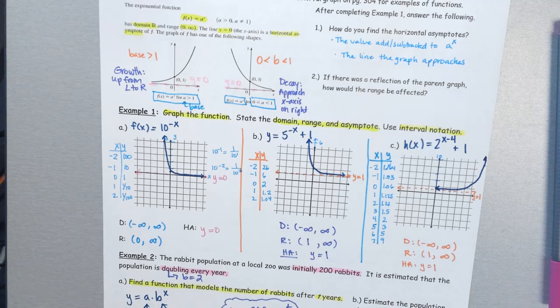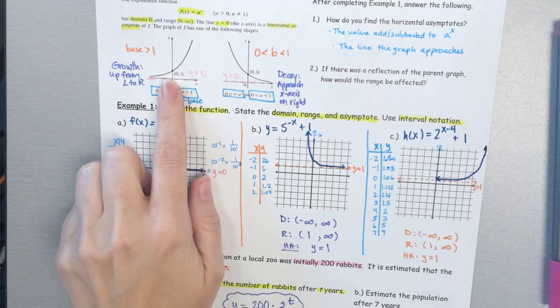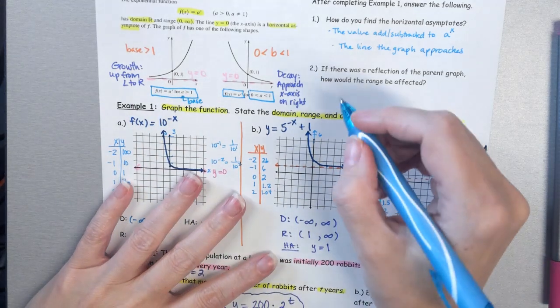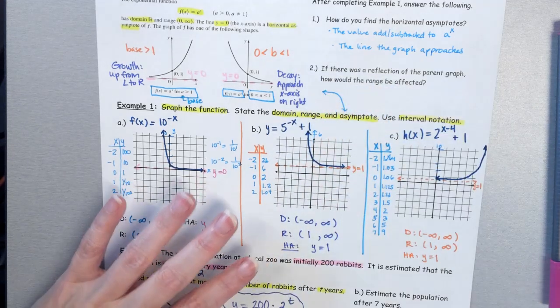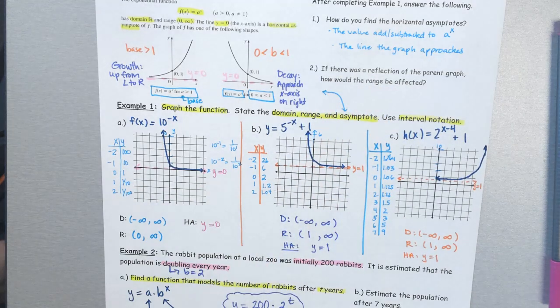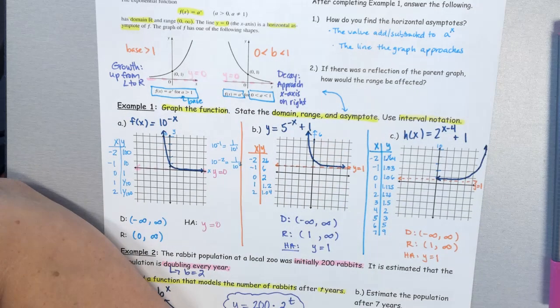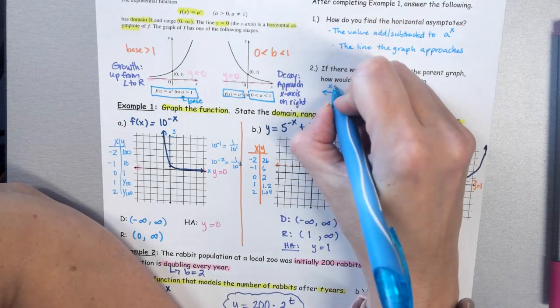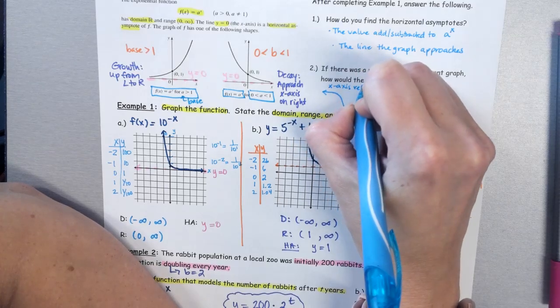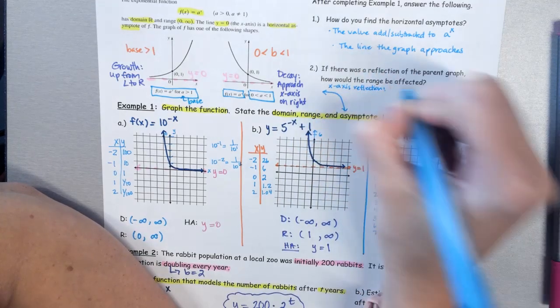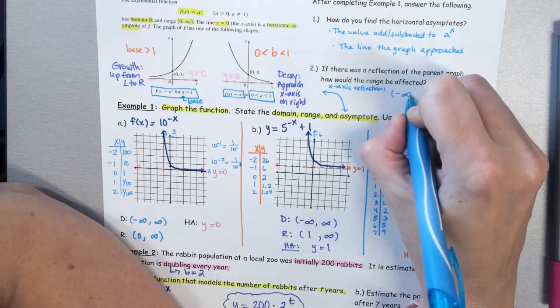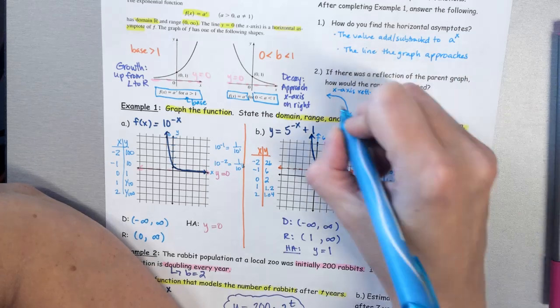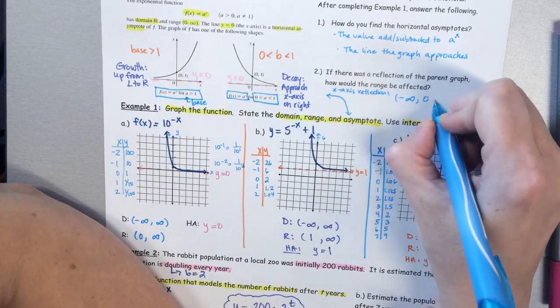Okay, and then if there was a reflection of the parent graph, so if it was a reflection of this guy, okay, it would look like this. So let's talk about how that would affect the range. Okay, if it was a reflection over the x-axis, then what would our lowest y value be? Yep. And the highest one would be, if it was the parent function, 0.